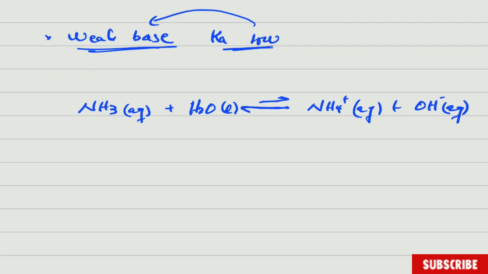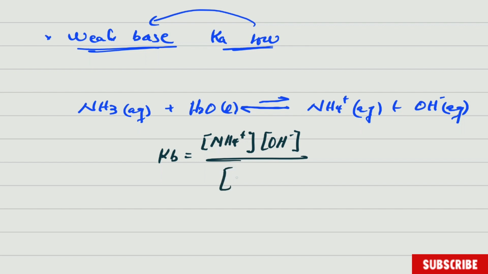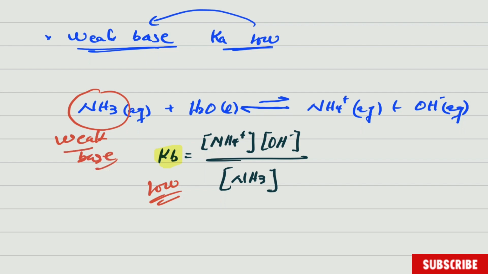So if we calculate the Kb for this one, the Kb is going to be equal to the concentration of NH4+ multiplied by the concentration of OH- divided by the concentration of NH3. Alright, what we need to know here is that the Kb is going to be low because this one is a weak base. Alright guys, and this is it.